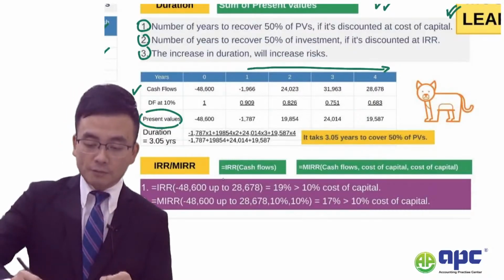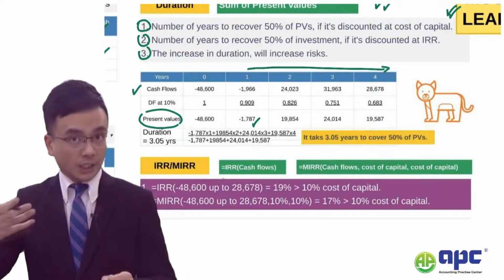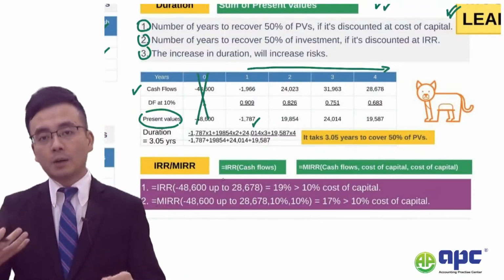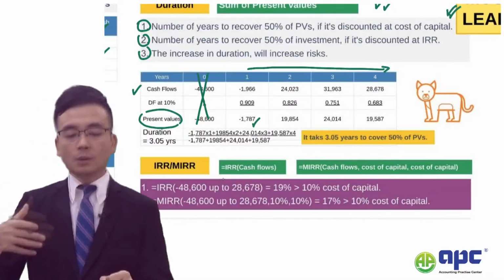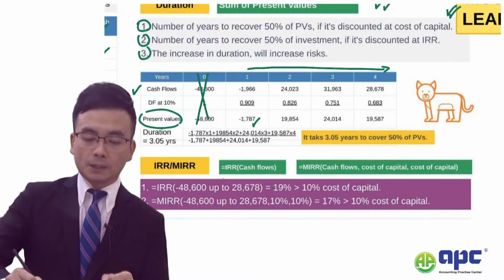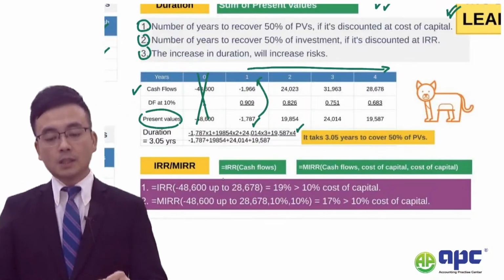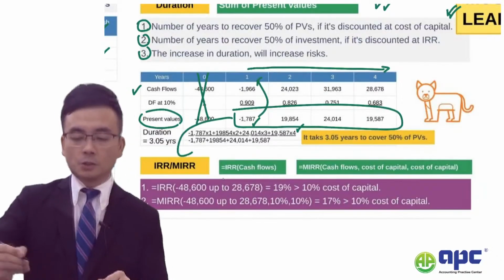Although we have losses in the future that we can consider, in year 0 we spend money out as the initial investment, and we don't consider that. So all we do is take the present value times the number of years as the numerator, over the total of the present value in the denominator.